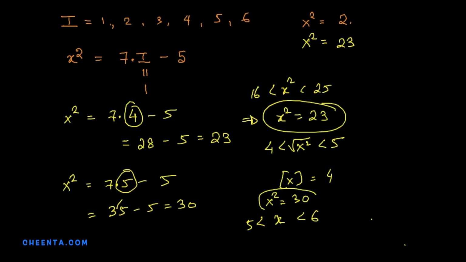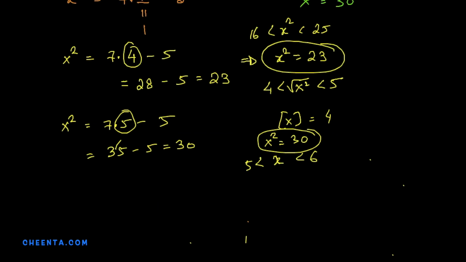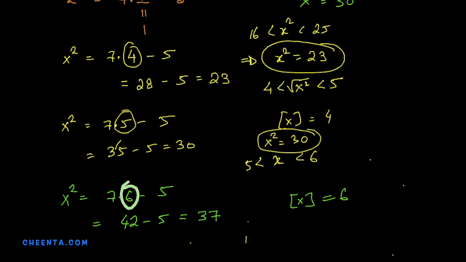So x squared equal to 30 works. And finally we have x squared equal to 7 times 6 minus 5, which is 42 minus 5, which is 37. And again, that means floor of x is 6, which works because that's what we needed here. So we have x squared equal to 37, that also works.